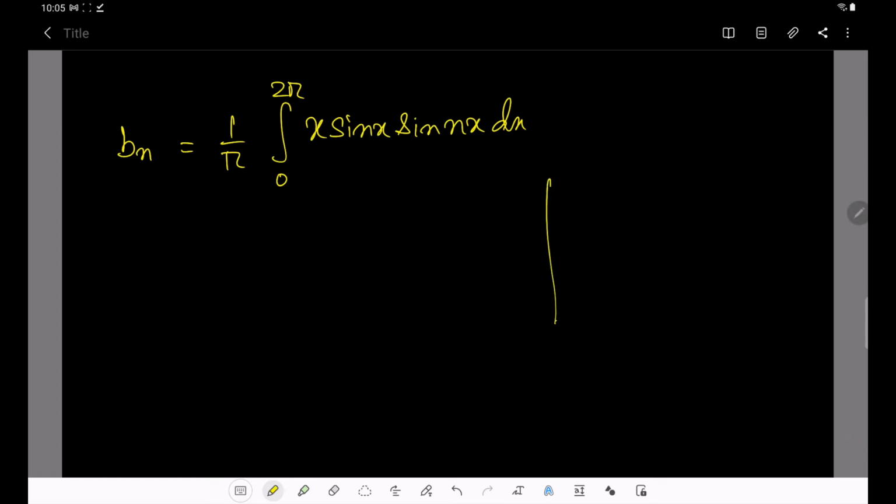Well, let's try sin x sin nx. We can write that cos of (n plus 1)x is equal to cos nx cos x minus sin nx sin x.